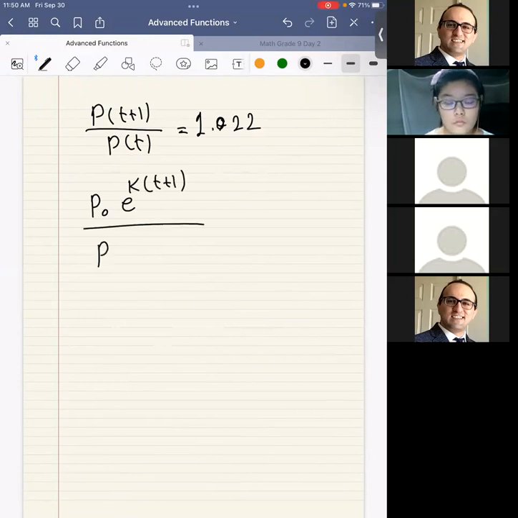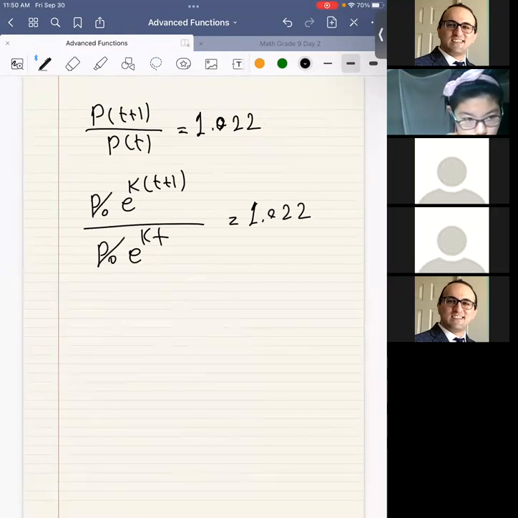And P of t is just P0 e to the power kt. And this is equal to 1.022. Now, if you simplify, you get what? What is e to the power k times t plus 1 over e to the power kt? It will become e to the power k.